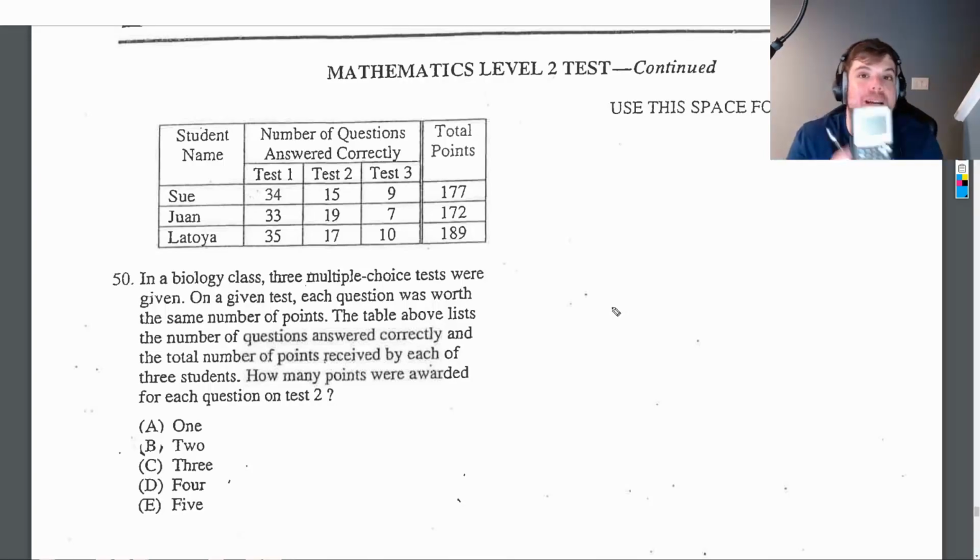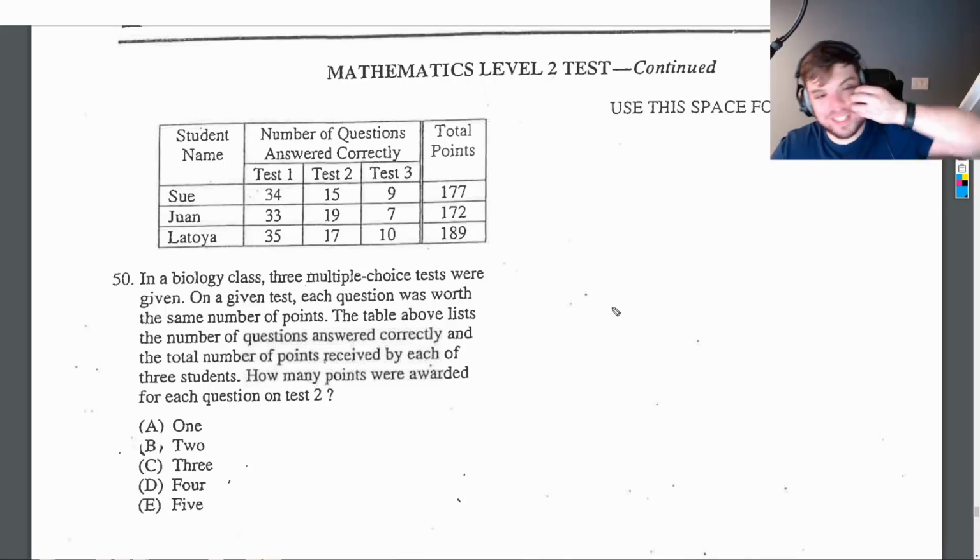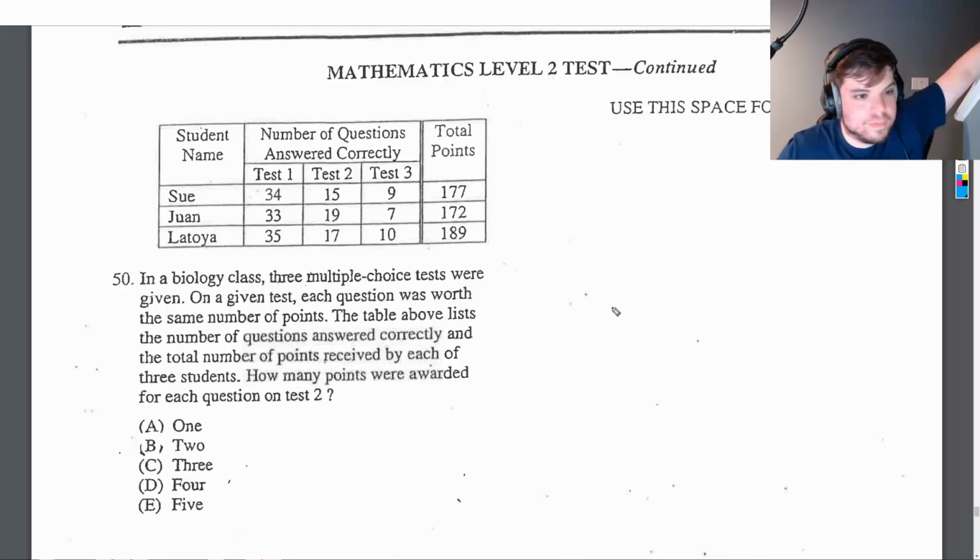I know on my calculator I can solve 3-variable systems basically instantly. I don't know if I want to do that though, because there's gotta be something here that I'm not seeing.